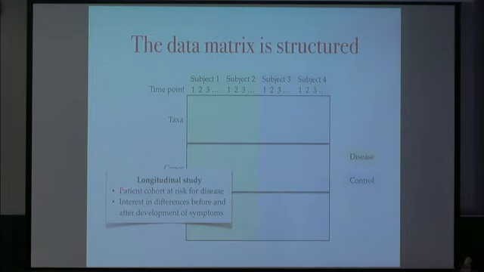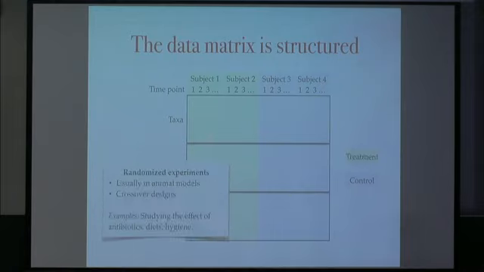You're trying to identify differences before and as well as doing comparisons between this group and this group. You're interested in identifying differences before and after the development of symptoms in patients that have the disease. That's a typical design of a longitudinal study. Sometimes it's possible to do randomized experiments.